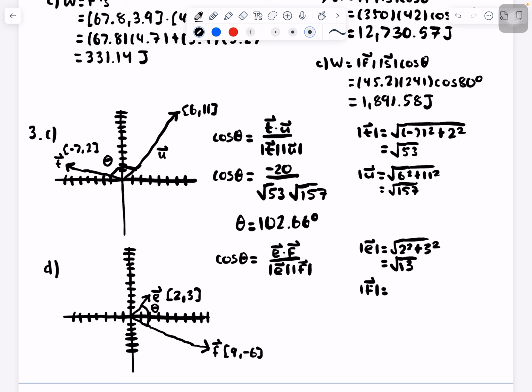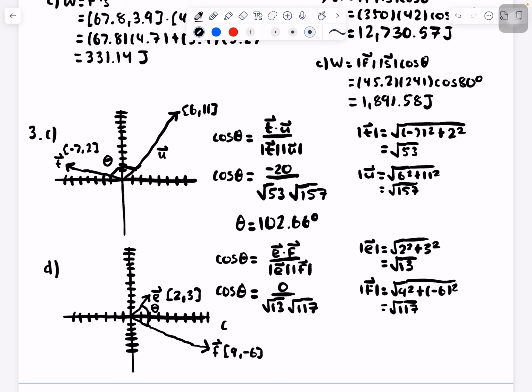Magnitude of F was 9 squared plus negative 6 squared, square root of 117. The dot product, again component-wise multiplication, so 2 times 9 plus 3 times negative 6. That's actually 0.